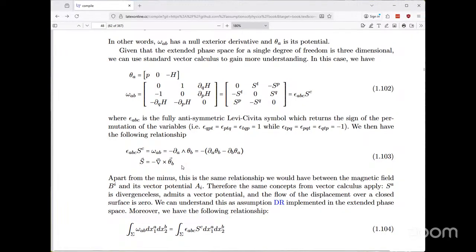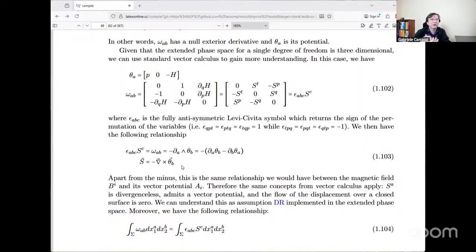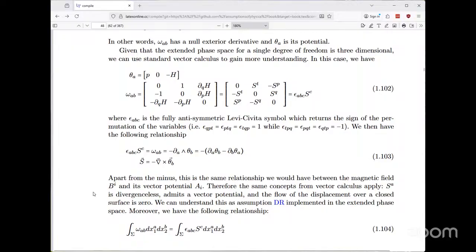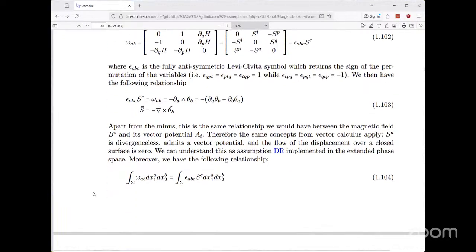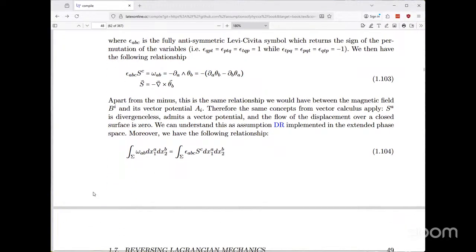So this vector potential becomes exactly like you have for the magnetic field. This would be the magnetic field, and this would be A, the vector potential. In the same way, now this is the displacement field, and the displacement field has a vector potential. Apart from the minus, this is the same relationship we would have between the magnetic field B_i and its vector potential A_i. Therefore, the same concept from vector calculus applies.